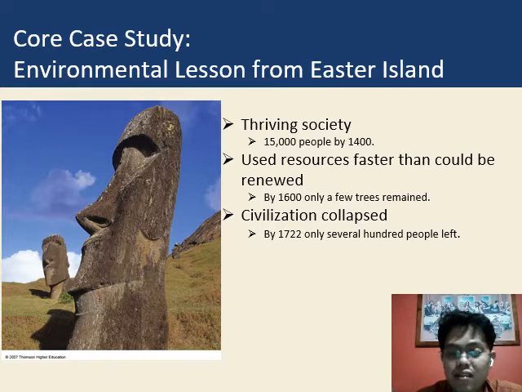But another scientist proposed a revision of this environmental story using anthropological studies and scientific measurements. In his revision, the Polynesians arrived about 800 years ago, and the population was only 3,000. It didn't reach 15,000 people at all.